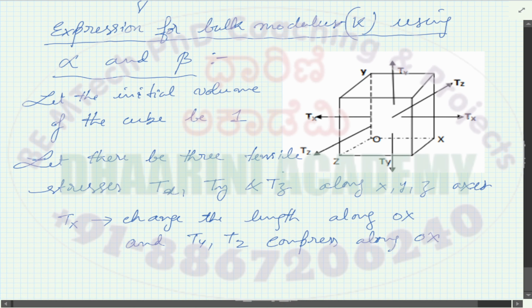So along the x-axis, Tx will increase the length, and Ty and Tz will decrease the length. Similarly, in the y direction, Ty will increase, and the other two, Tx and Tz, will decrease. Very similar to that, in the z direction, Tz will increase, and Ty and Tx will decrease. This is the meaning of this. So let's write that now.